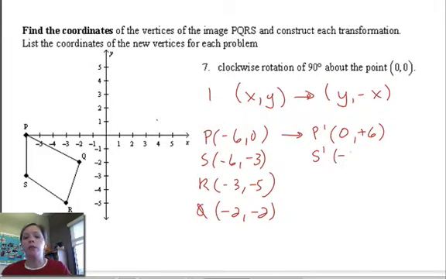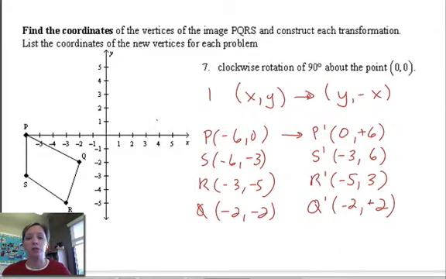S prime will be at negative 3, positive 6. R prime will be at negative 5, then reverse the x-coordinate, or opposite, so that will be positive 3. And Q prime would be at negative 2 and positive 2.